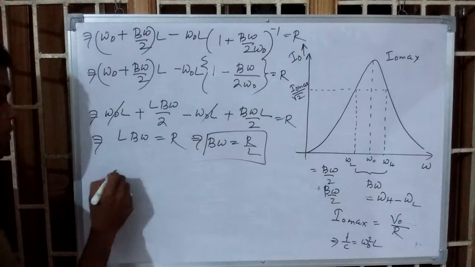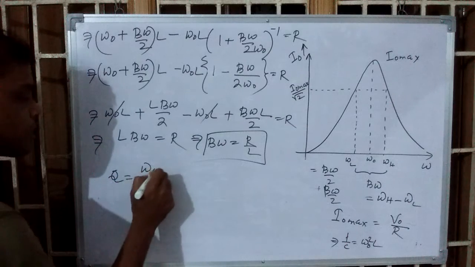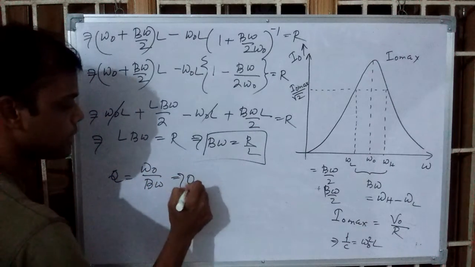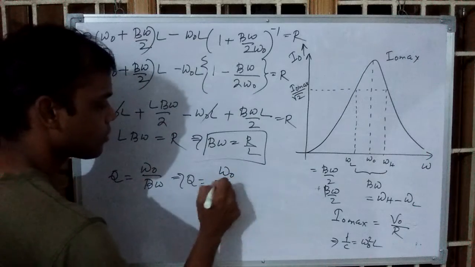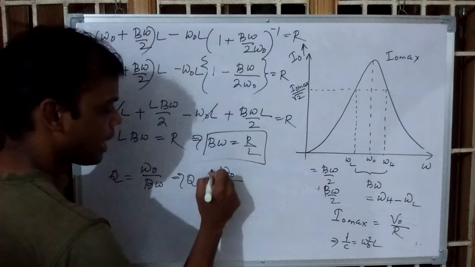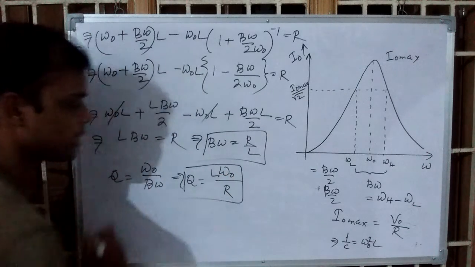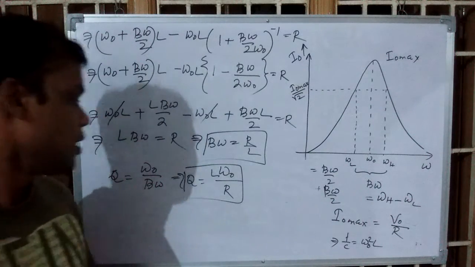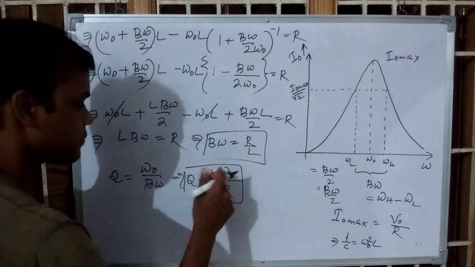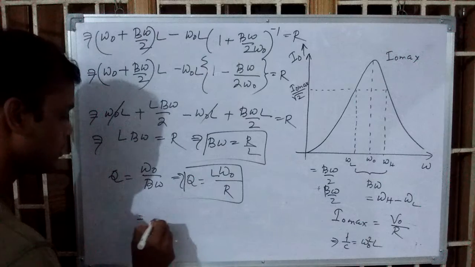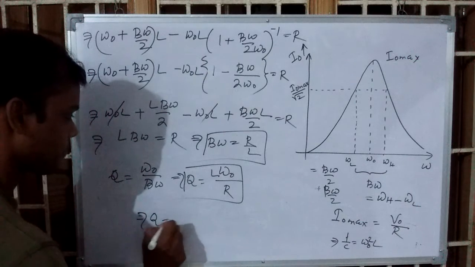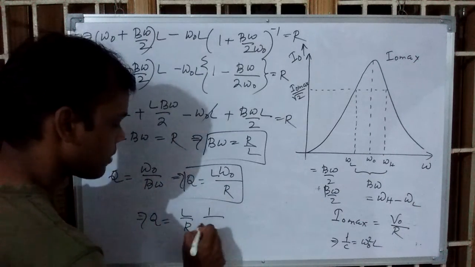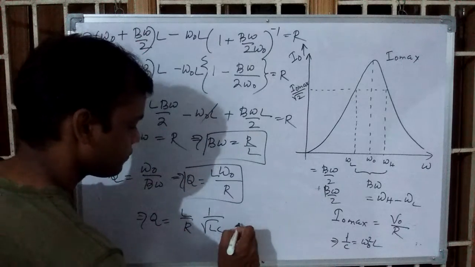Okay. Now the quality factor formula was omega naught by bandwidth, which implies quality factor is equal to omega naught by R by L. So this is the final formula of the quality factor. If we be more specific, it will become omega naught L by R, and omega naught is nothing but 1 by root over of LC.